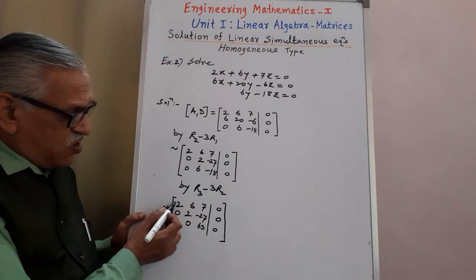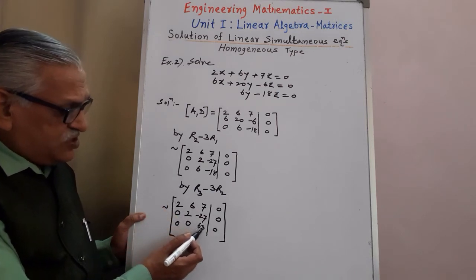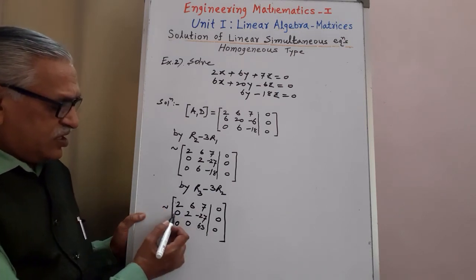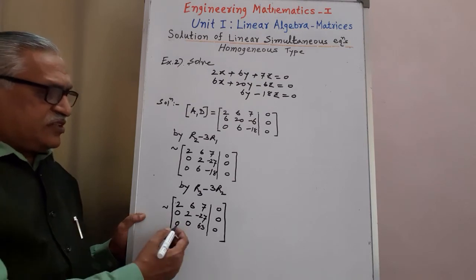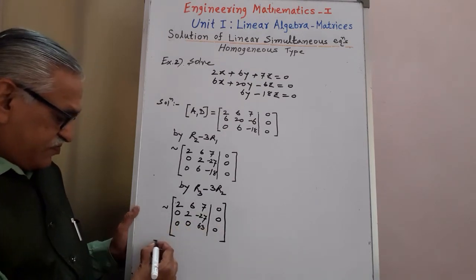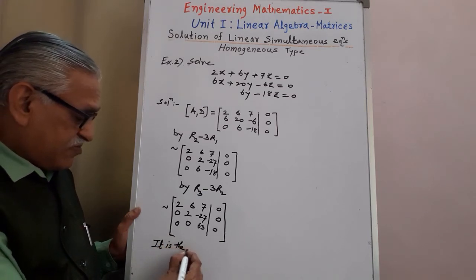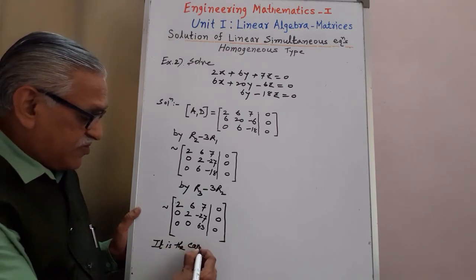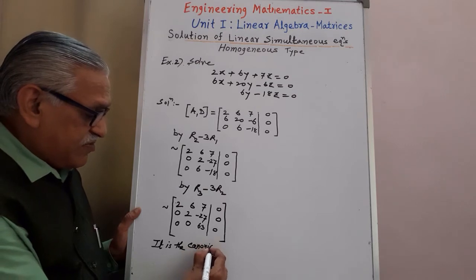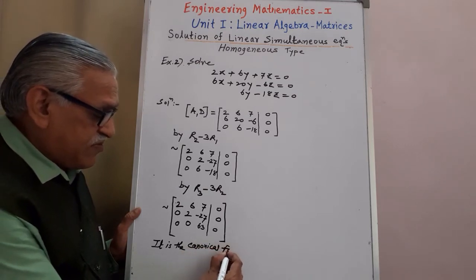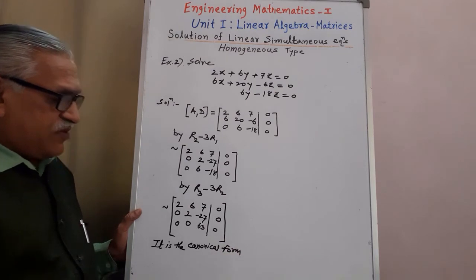Here I have converted all the principal diagonal elements to non-zero and lower diagonal elements to 0. Therefore, this is the canonical form of that matrix.